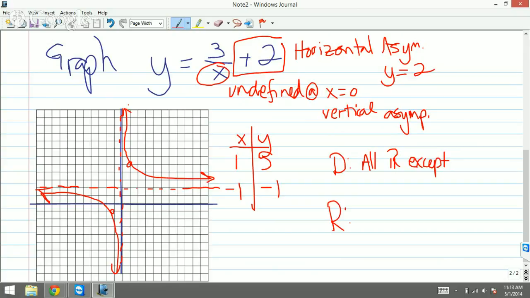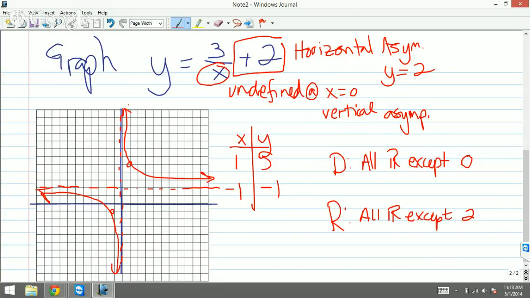Nope. What number are we excluding today? What x value does that graph not hit? No. That's the y value. 0. And the range?